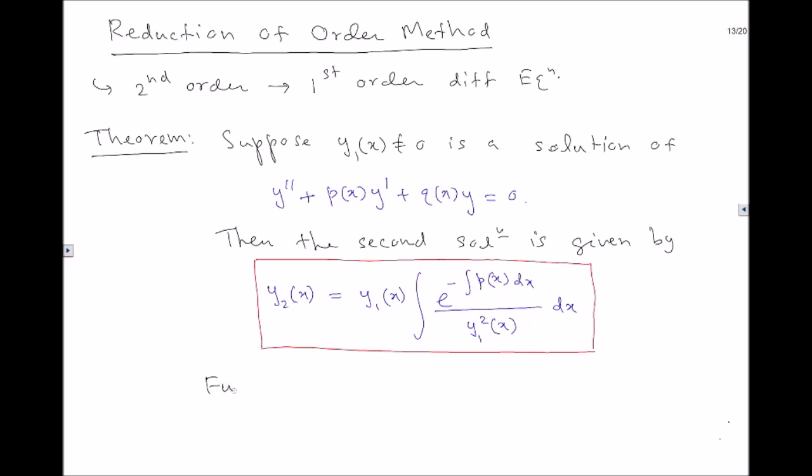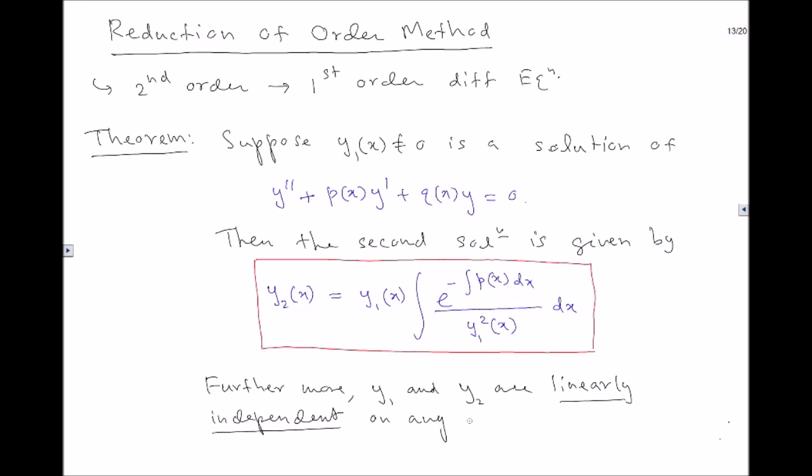Furthermore, y1 and y2 are linearly independent on any interval where y1 is not equal to 0.